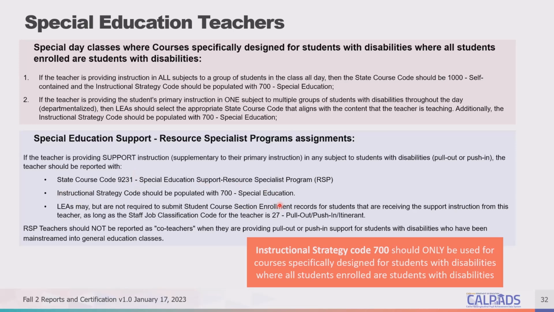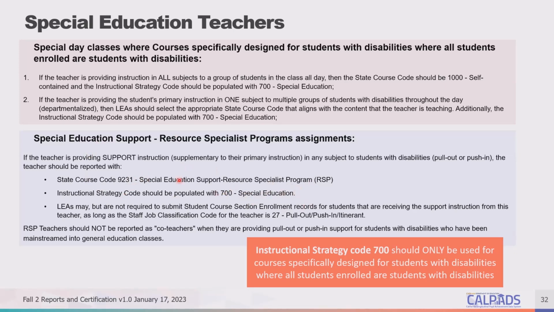There are RSP teachers who are team teaching with regular classes in elementary or high school, regardless of the grade level. For those, do not report them as team teachers to that specific state course code, because you will be dinged for that. You have to separate the RSP teacher's class from the mainstream classes. And so you do that by just reporting the RSP teacher with the 9231 and reporting it as a special education class.